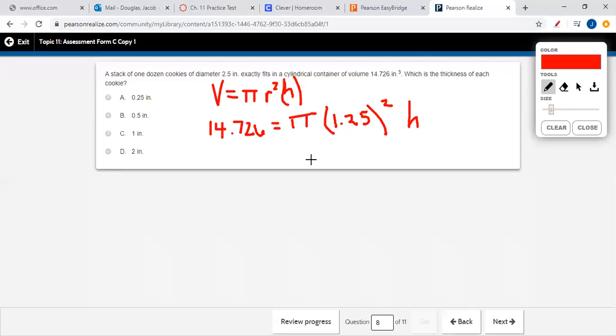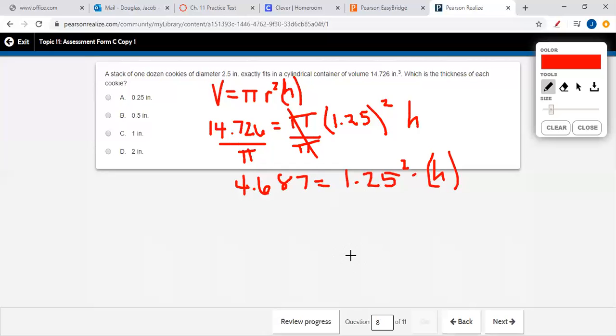So now we can just work all this out. If you want to, you can divide both sides by pi, and those will cancel. 14.726 divided by pi is going to be 4.687, and that's going to equal 1.25 squared times h. 1.25 squared is 1.5625, so I'm going to divide both sides by 1.5625.